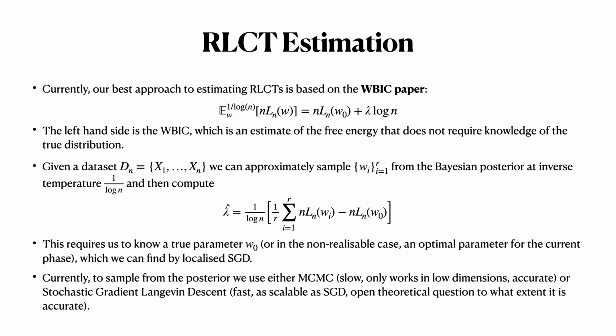So the SGLD stationary distribution looks very similar to a posterior distribution, right? But instead of e to the negative ln, it's not ln, it's something else based on the data, probably defined by a loss function. It's very, very similar.